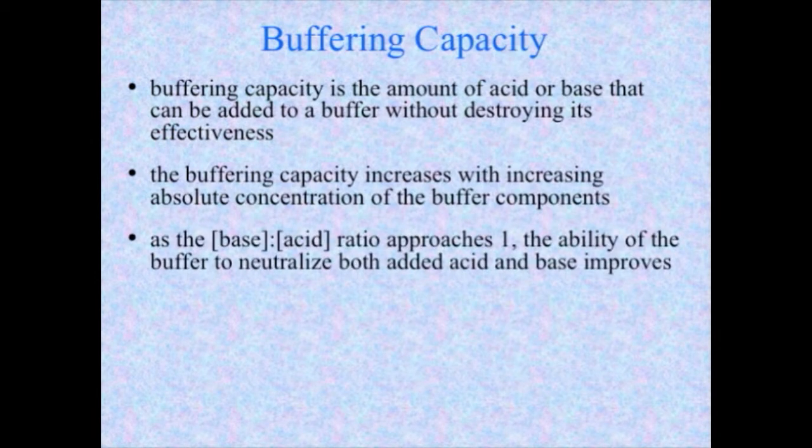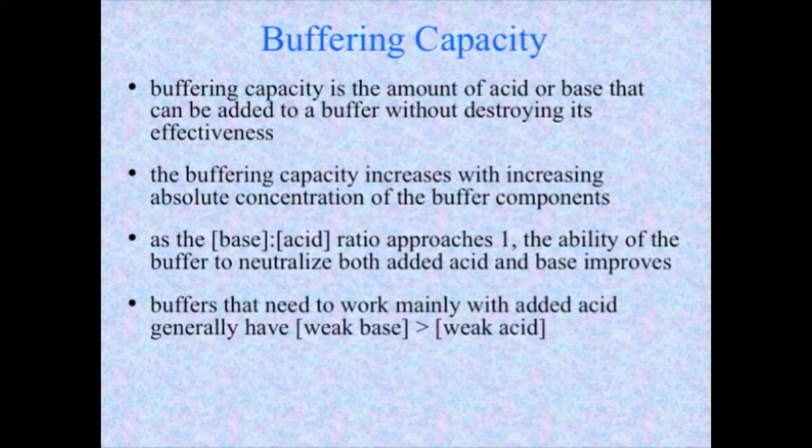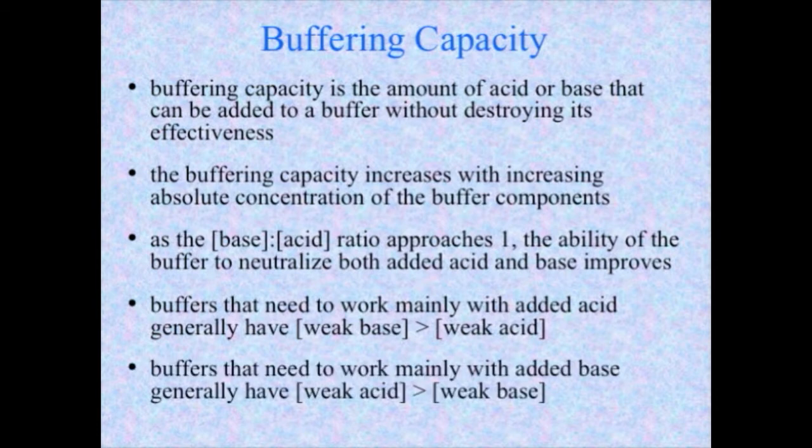As the base to acid ratio approaches 1, the ability of the buffer to neutralize both added acid and base improves. Buffers that need to work mainly with added acid generally have the weak base component at a concentration greater than the weak acid component, and buffers that need to work mainly with added base generally have the weak acid component greater than the weak base component.